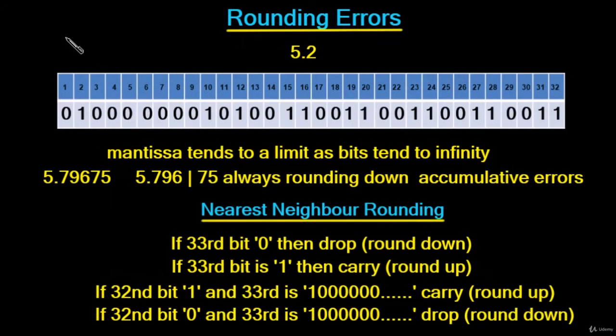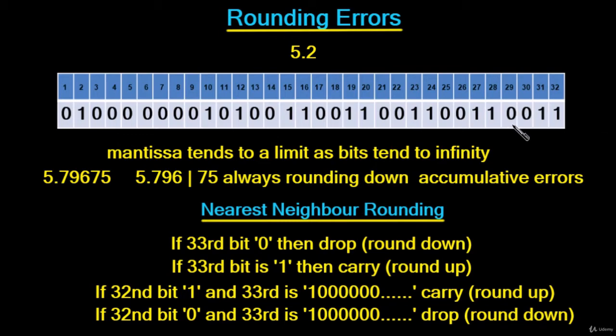So let's have a quick look at rounding errors. Now we've seen the number 5.2 previously whenever we did the conversion from the decimal to the 32-bit floating point binary. Now this is a 32-bit floating point binary representation here, and we've seen that it's generated as an approximation, so we get a repeating value 0011, 0011, and this will continue on forever.